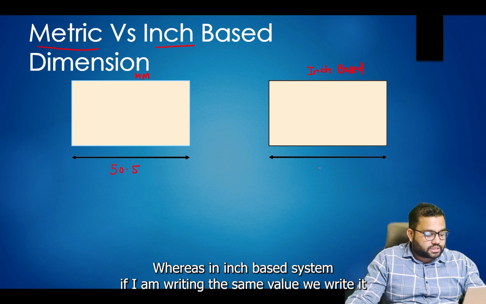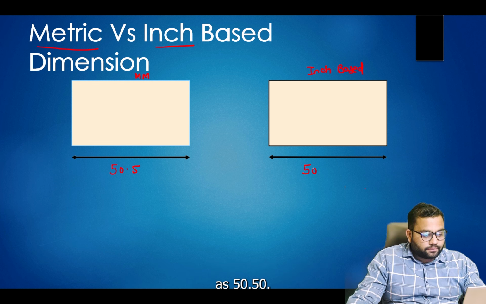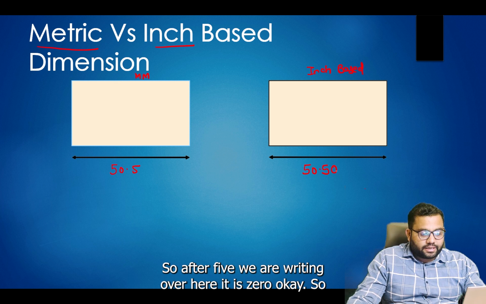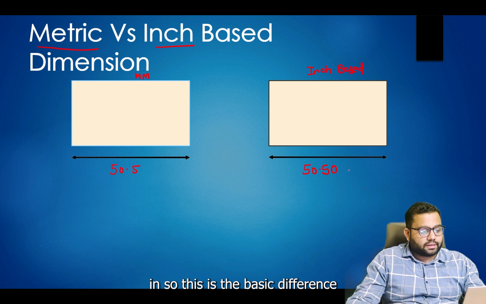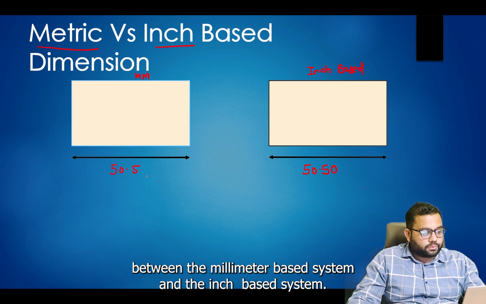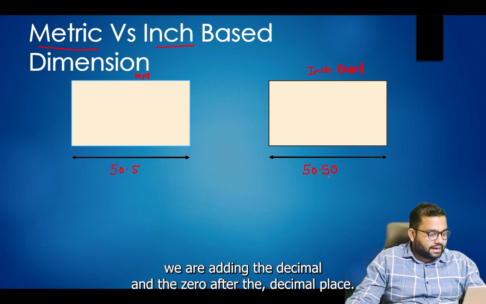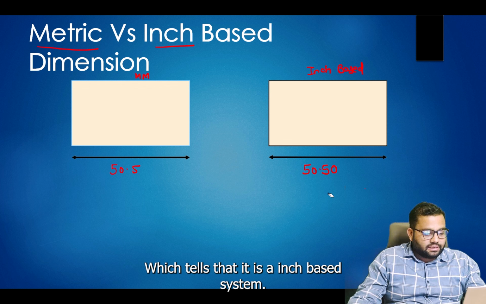Whereas in the inch based system, if I am writing the same value, we write it as 50.50. After the 5, we are writing a 0. So this is the basic difference between the millimeter based system and the inch based system. We are adding the decimal and the 0 after the decimal place, which tells that it is an inch based system.